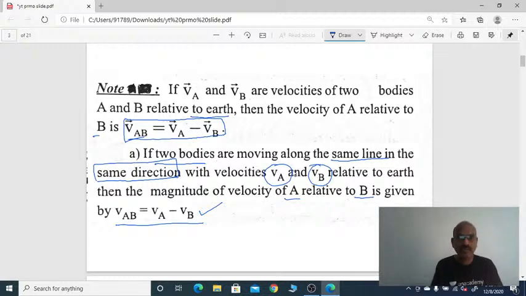Suppose the two trains move on parallel tracks in the same direction. Then the velocity of one train with respect to the other, both moving parallelly in the same direction, the relative velocity of one with respect to the other is the difference between the two. Right?